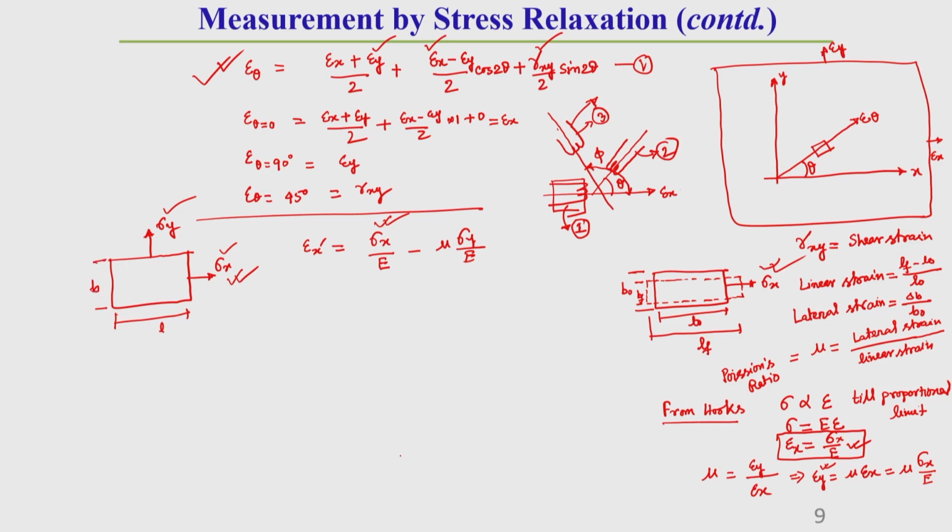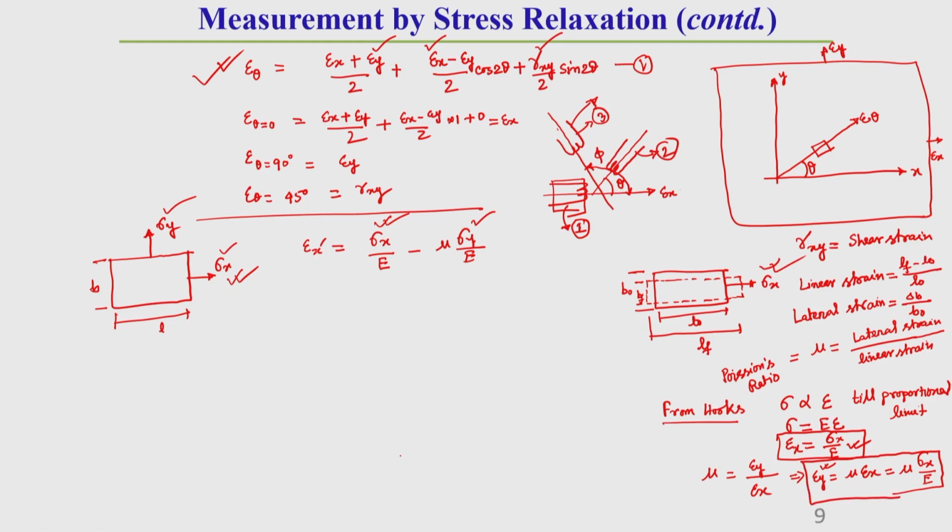Whatever reduction of strain occurs due to sigma y, we can write as mu into sigma y by E. How it is coming, I have already shown, just keep this in mind.